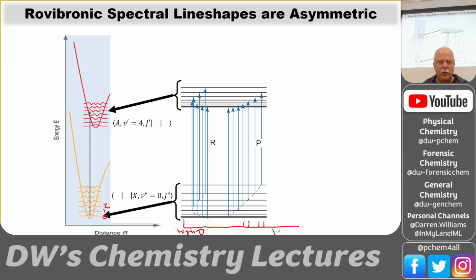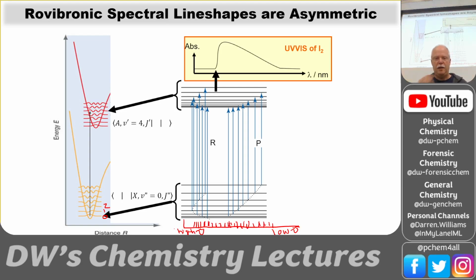And this is low wave number, because the P branch is on the low wave number side, right? So notice how the blue lines, I'm just drawing the stick spectrum, they stop here and they wrap back around on each other and they start going to low wave number values. And then the P values go to low wave number values. So there's sort of a maximum on the R branch side where the absorptions stop. And that's called a band head.